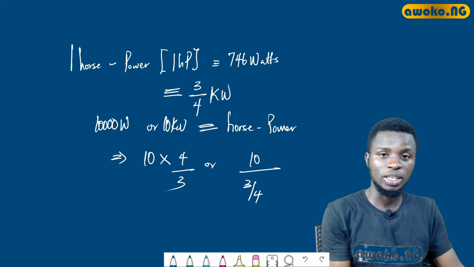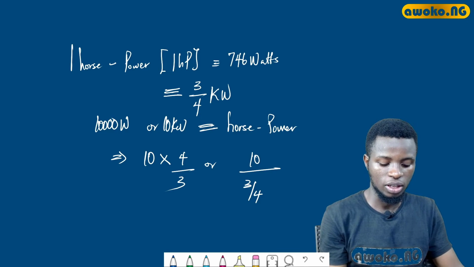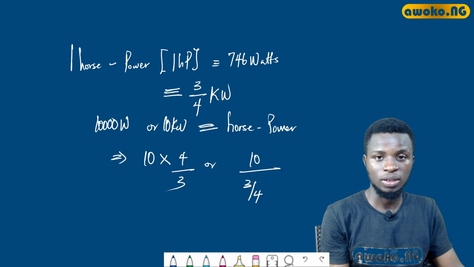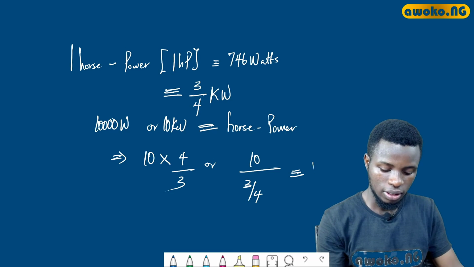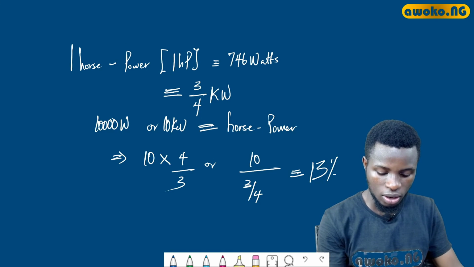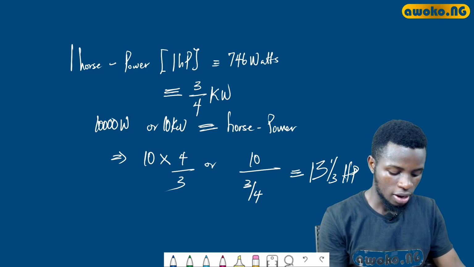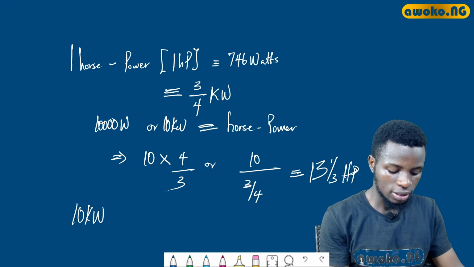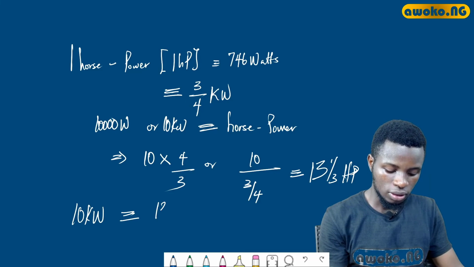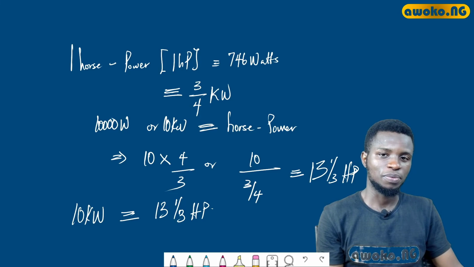If you take the reciprocal, we have 10 times 4/3, and this gives us 13 1/3 horsepower. Therefore, we can say that 10 kilowatts is equivalent to 13 1/3 horsepower.